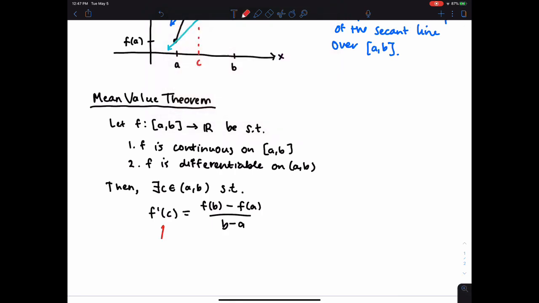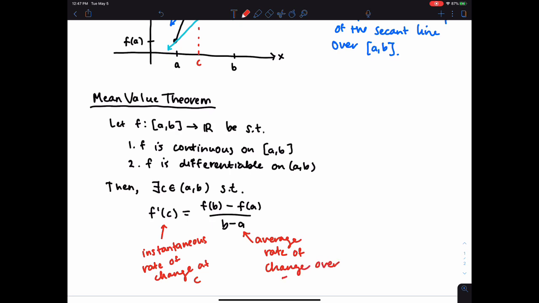Again, we're talking about instantaneous rate of change at c versus average rate of change over the whole interval [a, b].